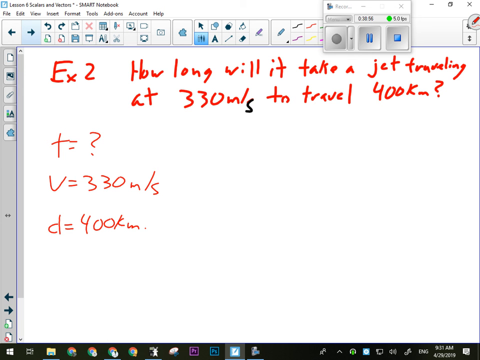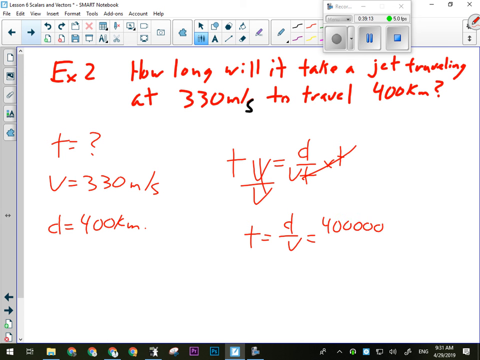There's 1,000 meters in a kilometer, so I just multiply by 1,000. So when I'm calculating this, I have v equals d over t. I'm looking for time, so I multiply both sides by t, then divide both sides by v. So t will equal d over v. That'll be 400,000 meters divided by 330 meters per second.